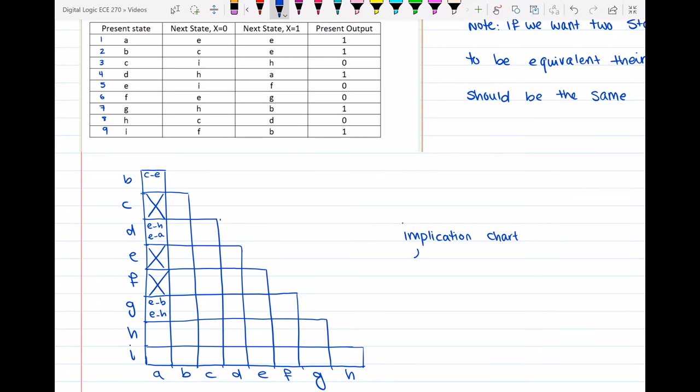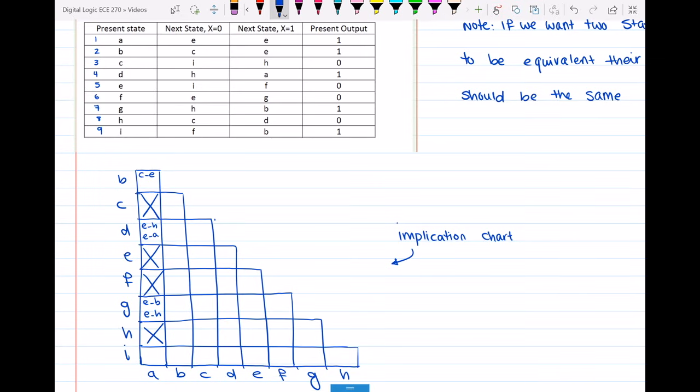So in this implication chart, I'm writing the conditions that will make some states equivalent to each other. So now let's compare row 1 and row 8. We see that A and H do not have the same output, so there's no condition that they can be the same.